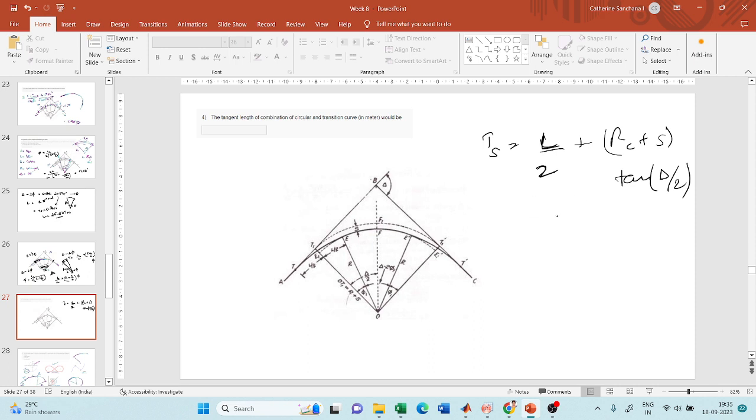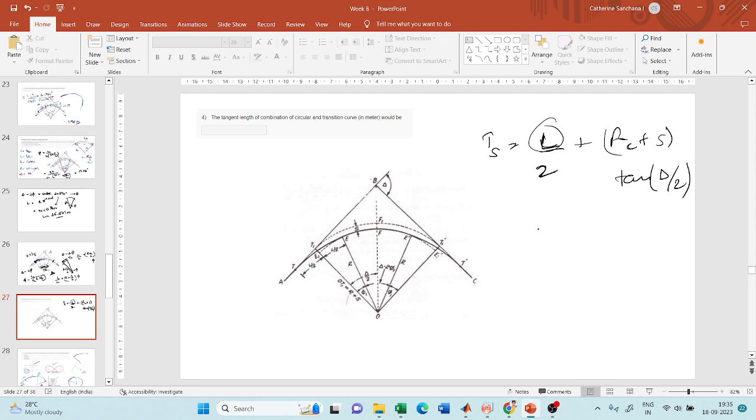For now, just remember the formula: length of the transition curve divided by 2 plus radius of the curve plus shift into tan delta by 2.